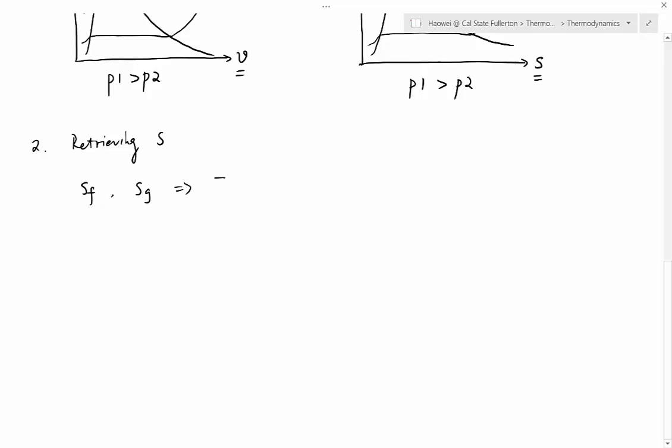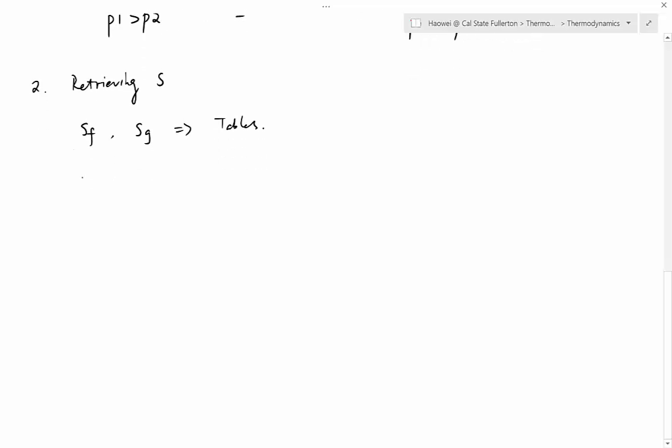You can directly go to the tables. And then, just like before, what if you look for the specific entropy of a mixture? You can use this weighted average equation. Because it is a mixture, it has two components: saturated liquid, point F, and saturated vapor, point G.